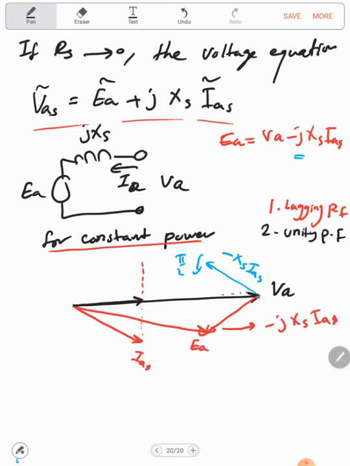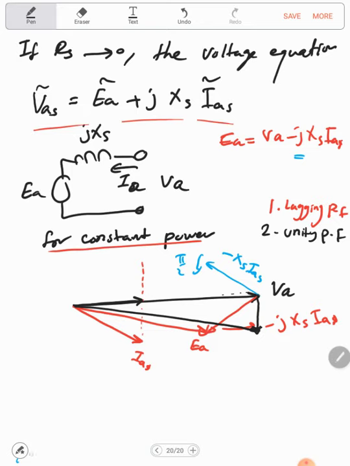So simply we'll have it here. So this one for a unity power factor.